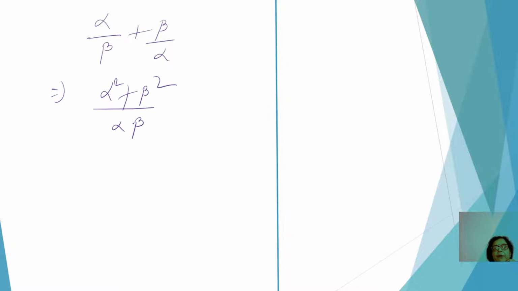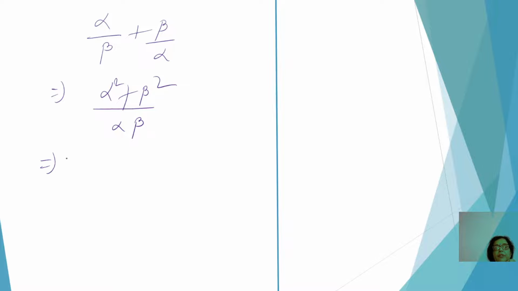Now getting back to the next expression, that is alpha by beta plus beta by alpha. Again, first we need to put it in the format of alpha plus beta whole square and alpha beta. So if I take the LCM over here, this becomes alpha square plus beta square by alpha beta.